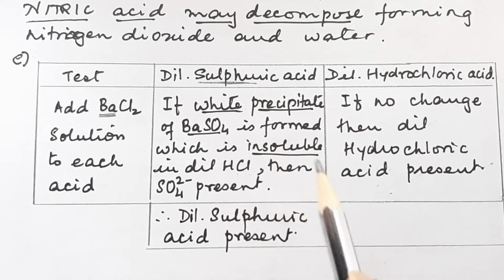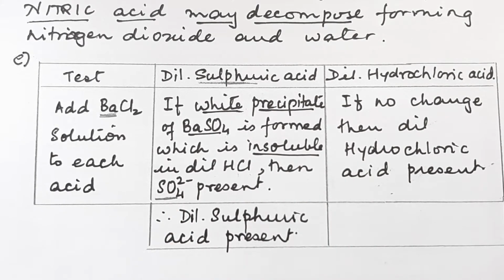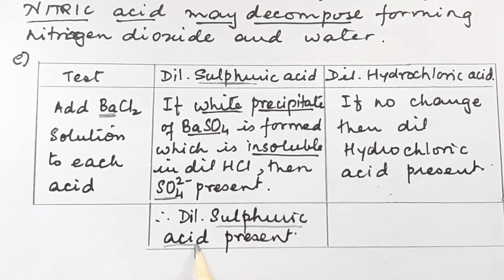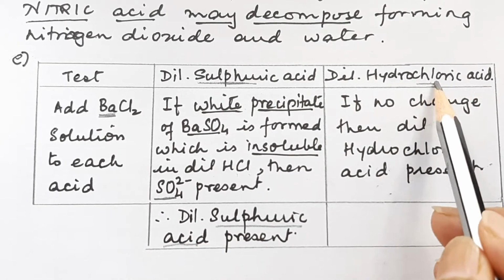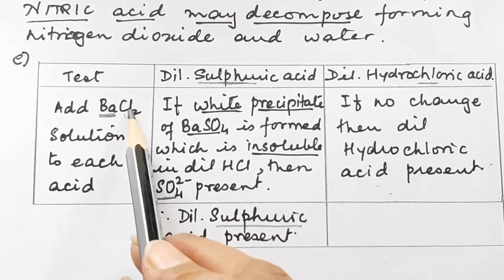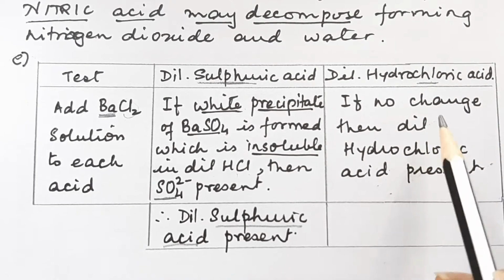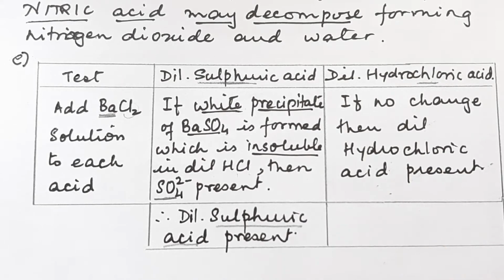If this is so, then SO4 2- is present, and therefore we will say dilute sulfuric acid is present. But barium chloride with hydrochloric acid, with this chlorine and this chlorine, there will be no change, no reaction, and therefore if there is no change, then dilute hydrochloric acid is present.